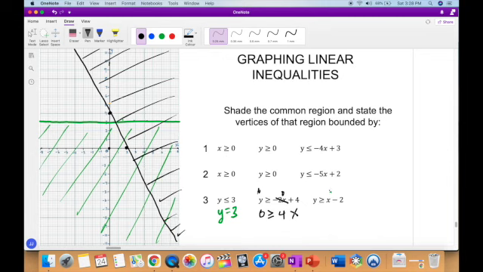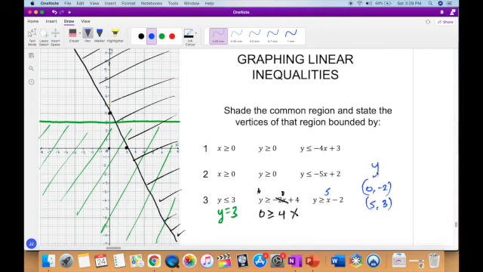And now let's draw this line here. I'll use blue for you. When x is 0, y is negative 2. And when x is 5, y will be 3.